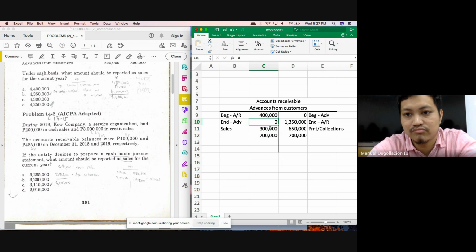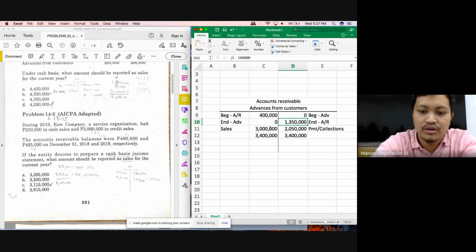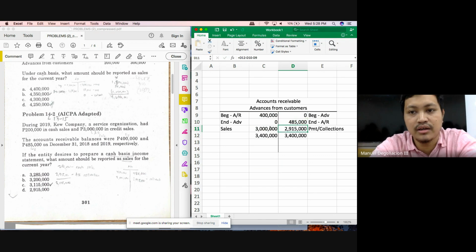And then the ending class would be how much? 485. So this is actually an oversimplified version of the problem in 14-1. Okay.